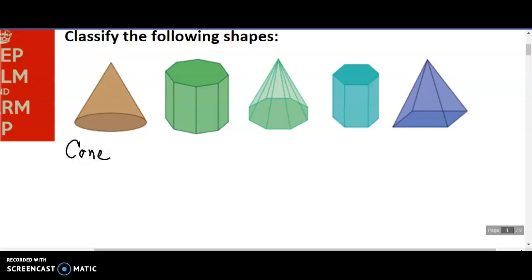Okay, and then the rest of the shapes, I want you to start by understanding that this shape and this shape, first of all, you should know that these are prisms. And these shapes, I hope that you recognize, are pyramids.